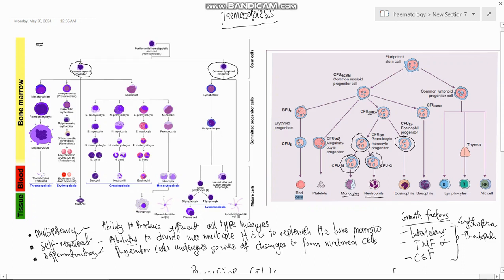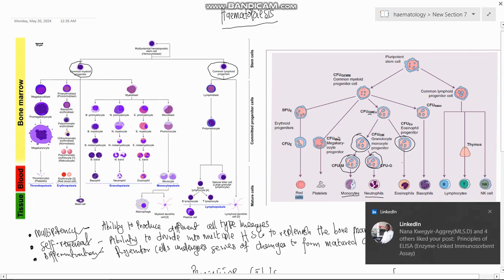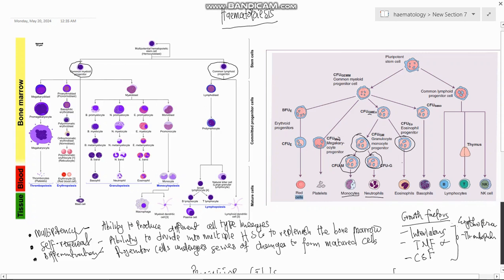Okay, so pretty quick, let's talk about something here. Here we can see the yellow shaded portion is the bone marrow. Then we have blood. Then we have tissue.